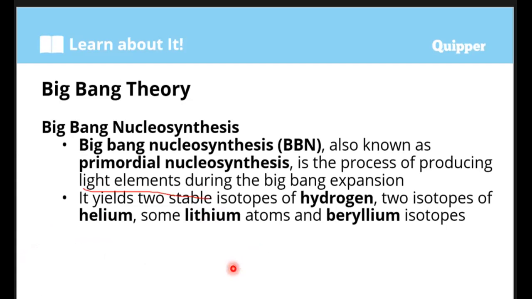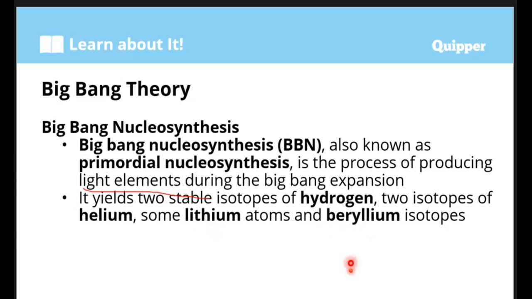So it yields two stable isotopes of hydrogen, two isotopes of helium, and some lithium atoms and beryllium isotopes. By the way, hydrogen, helium, lithium, and beryllium are some of the elements found in the periodic table, and they are labeled as light elements. Why? Because their atomic mass or atomic weight is very low.